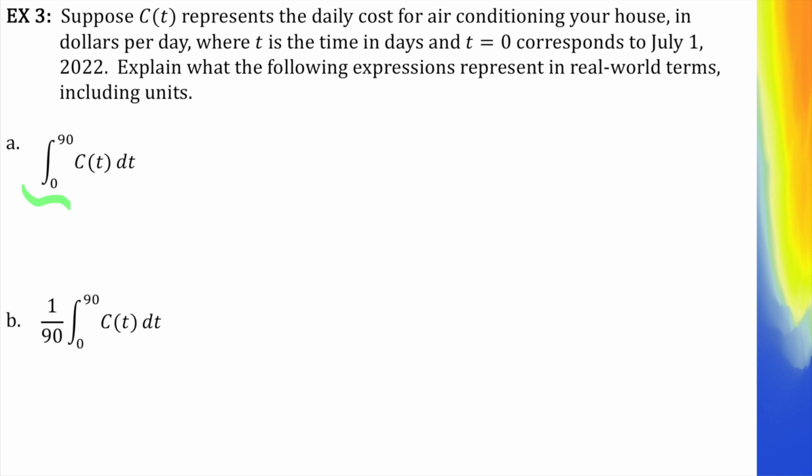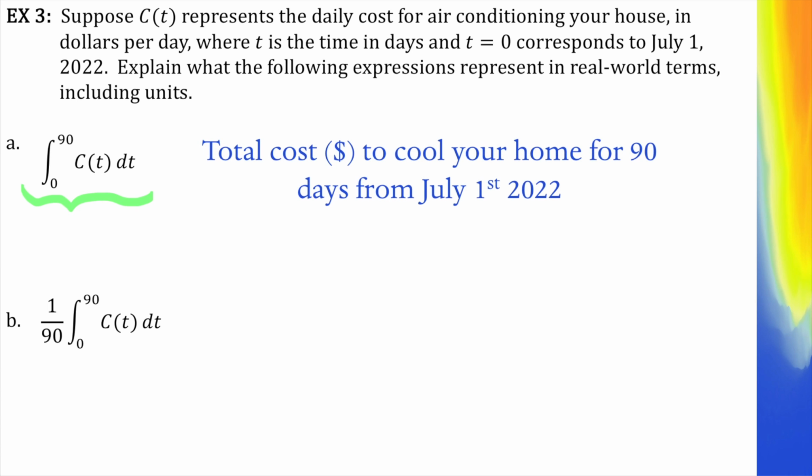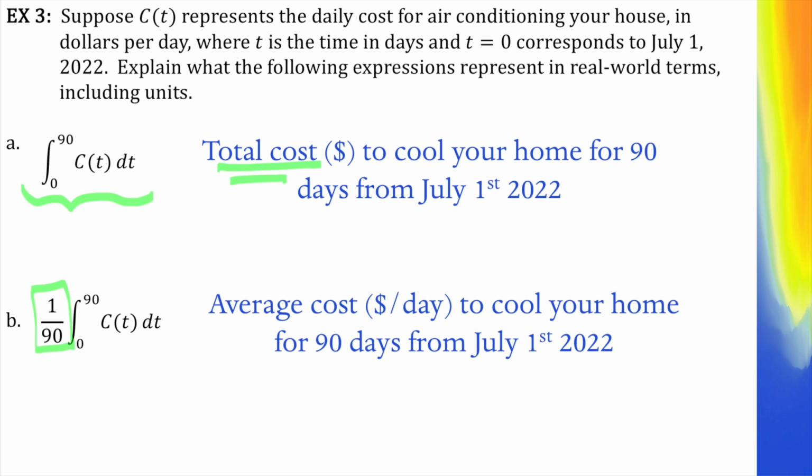From 0 to 90, C of t dt. That would be the total cost to cool your home for 90 days from July 1st, 2022. Now, what happens if we stick this 1 over 90 in front of it? It now becomes the average cost to cool your home for 90 days.